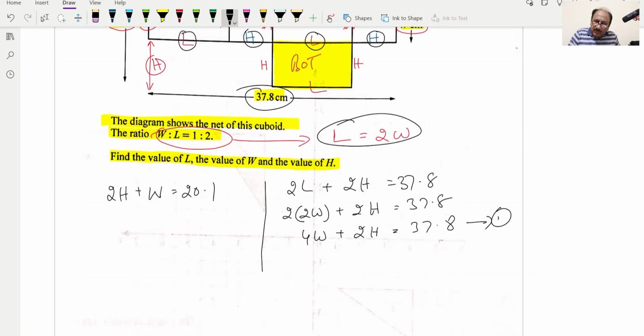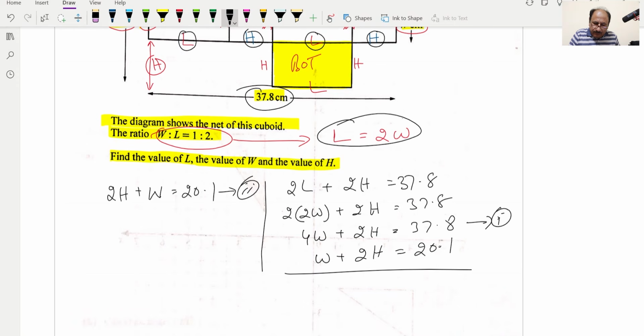We can now solve equation number 1 and equation number 2 as simultaneous equations, and I will write here W plus 2H. I am copying this second equation, and is equal to 20.1.